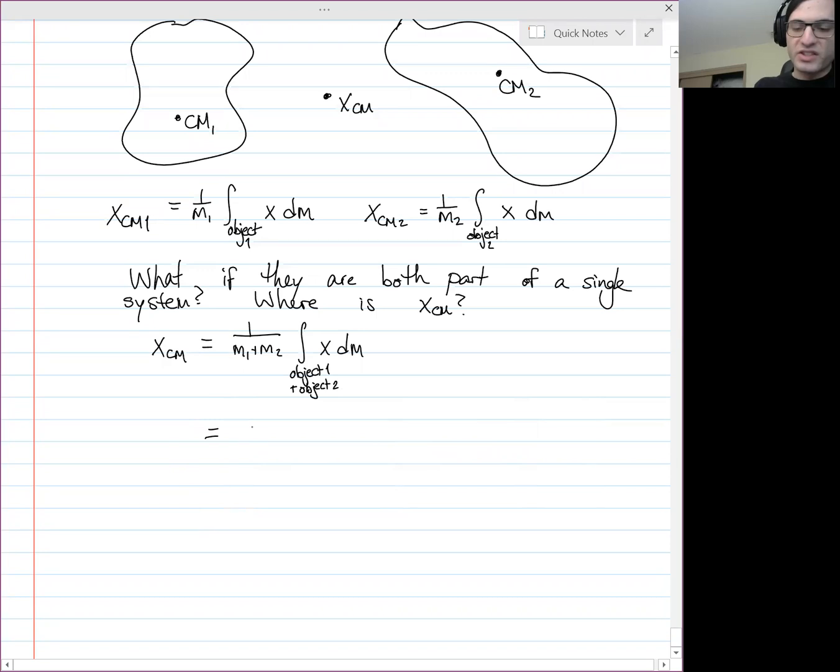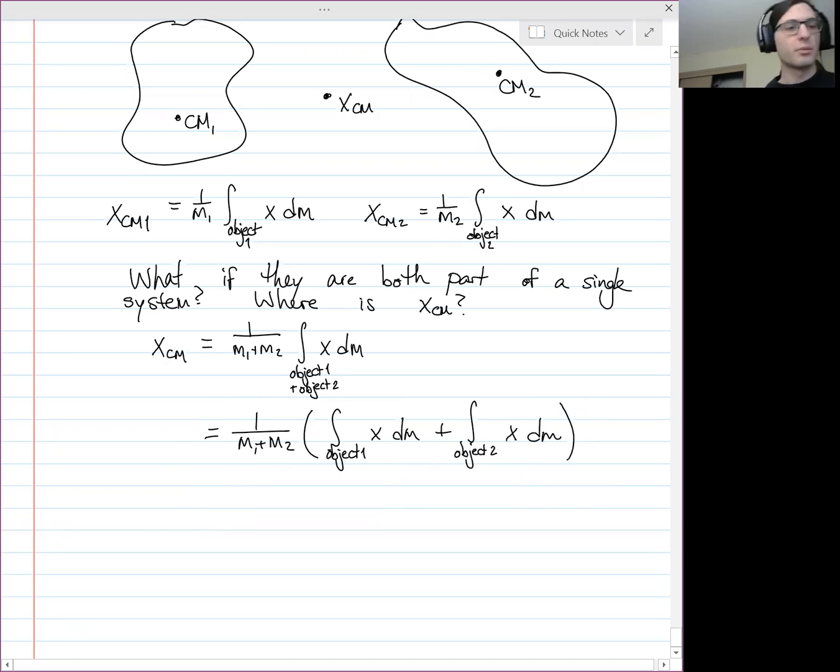So we get that this is equal to 1 over m1 plus m2 times the integral over object 1 of x dm plus the integral over object 2 of x dm. But now we know how we can rewrite those integrals in terms of the old centers of mass, which is what we're trying to do.